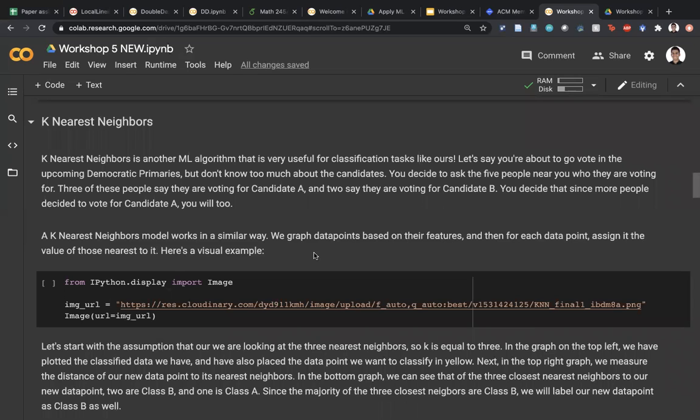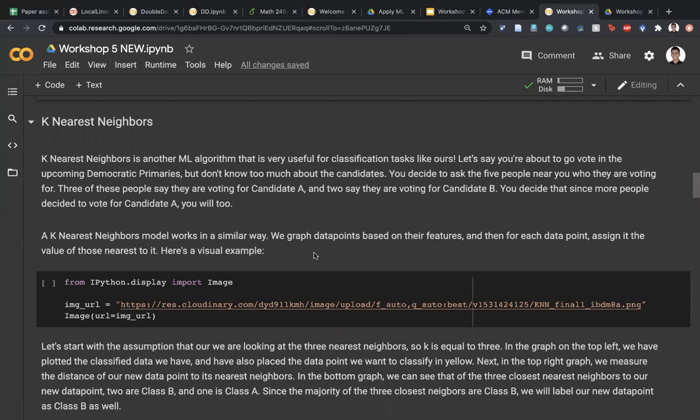You haven't really researched the candidates' policies, so you're not sure who to vote for. So you go out to the elections and talk to 4 or 5 people out there. Of course, this was pre-COVID times when we wrote this workshop, so probably not the best idea to do that right now. But anyway, let's say you ask about 5 people.